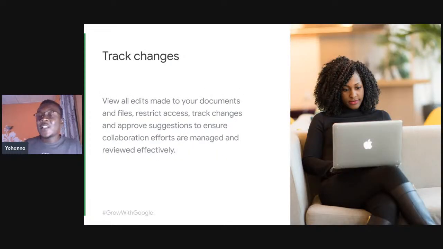So tracking changes, just like I said earlier, has to do with looking at what people are doing, monitoring what they are changing on the document, and looking at the timestamp on the document. You can see when somebody made a change, who the person was that made that change, and you can reverse the document to when it was at the initial stage.